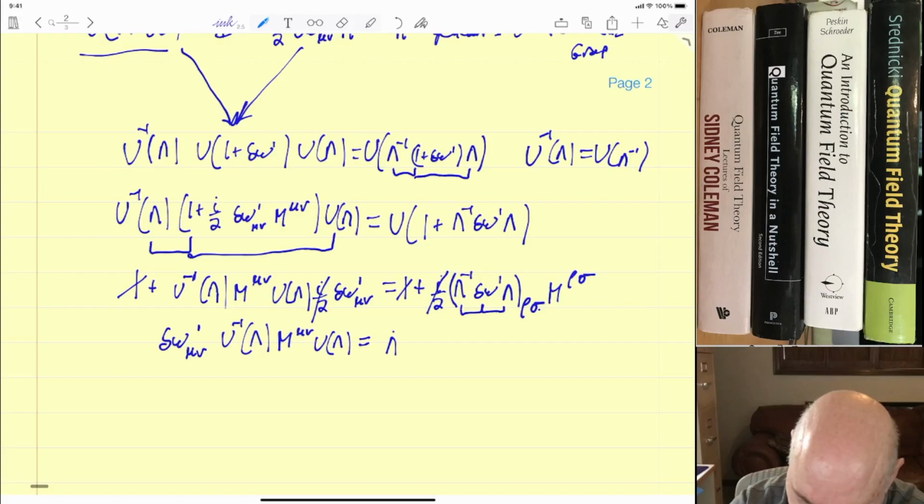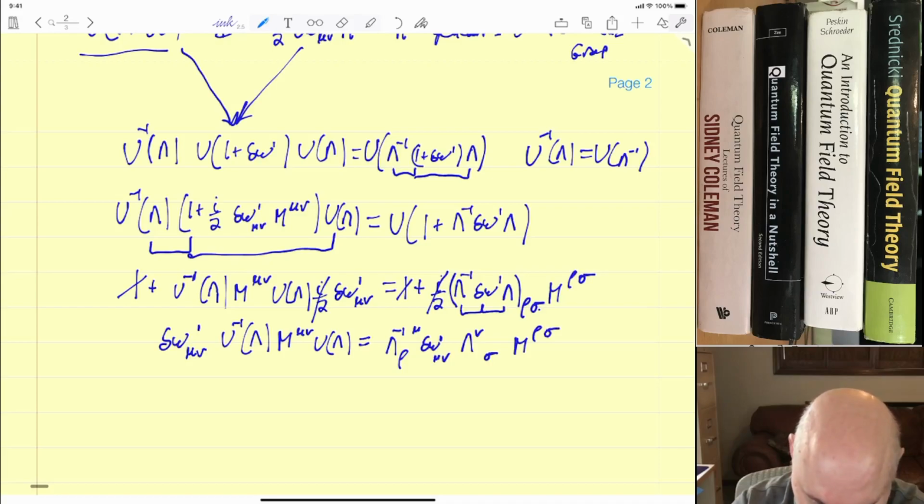So this becomes lambda inverse rho. I know the last index is going to be lambda, and there's going to be a sigma down here. And now I have del omega prime in the middle. And now I just have to consistently add indices. So I put a mu there, a nu here, and a nu here. That makes everything good. M rho sigma.